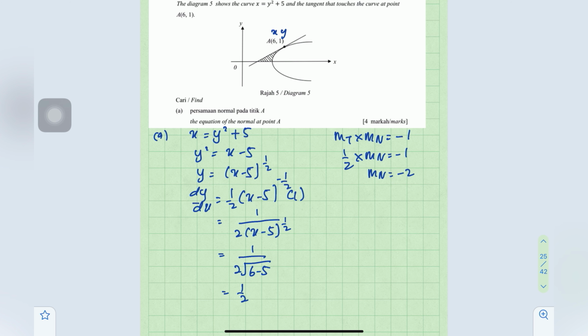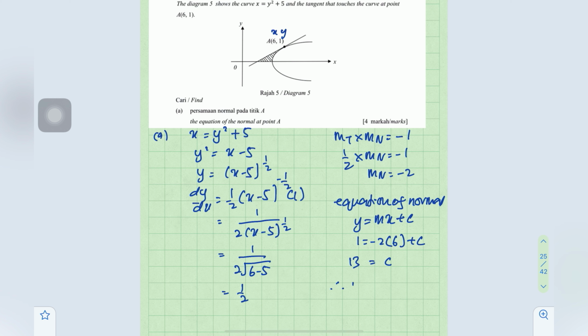Okay, so to find equation of normal, y equals to mx plus c. So y coordinate y is 1, m is -2, x is 6, plus c. So we get c equals to 13. Therefore the equation is y equals to -2x plus 13.